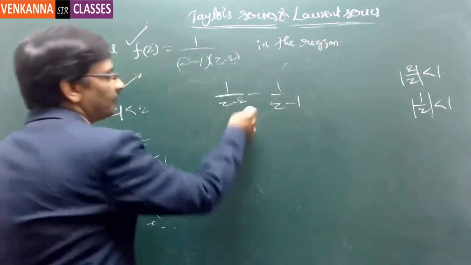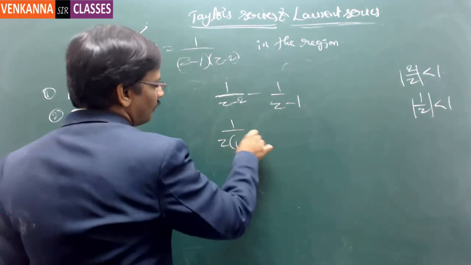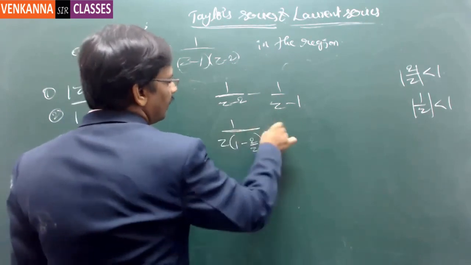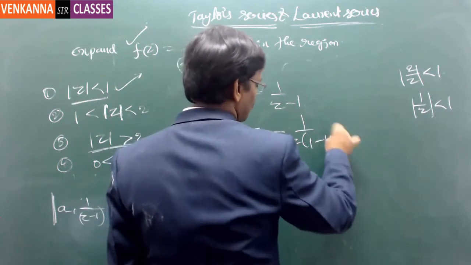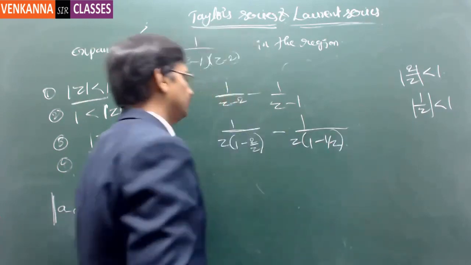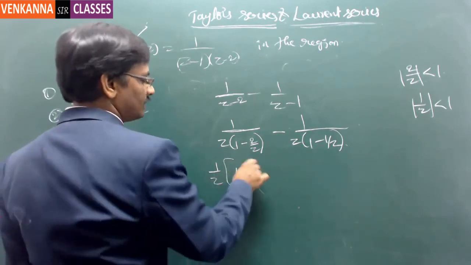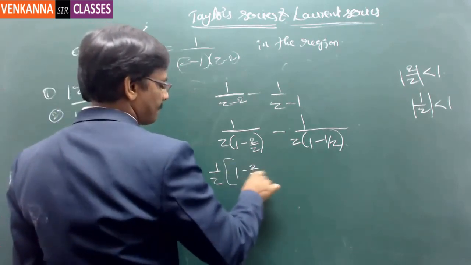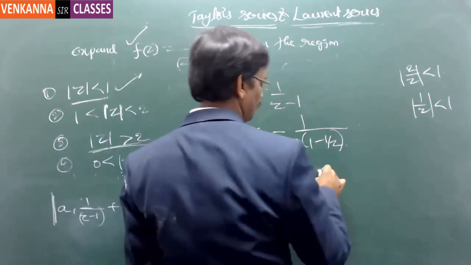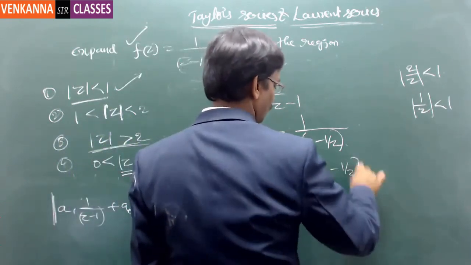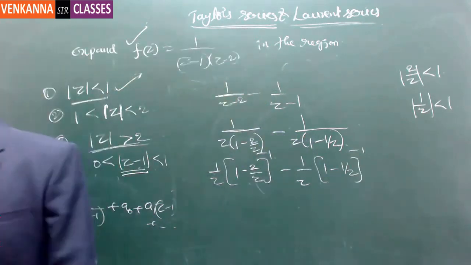So if I take z out, it is 1 by z into 1 minus 2 by z whole power minus 1, minus 1 by z into 1 minus 1 by z whole power minus 1. This is the expansion which you need to expand. Got it, Samrin?